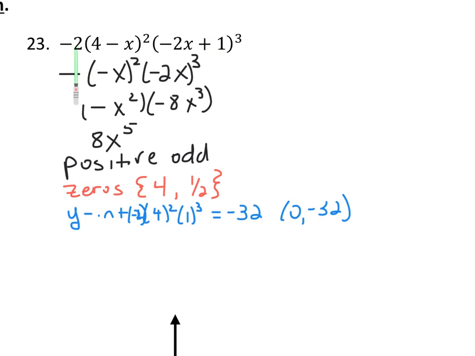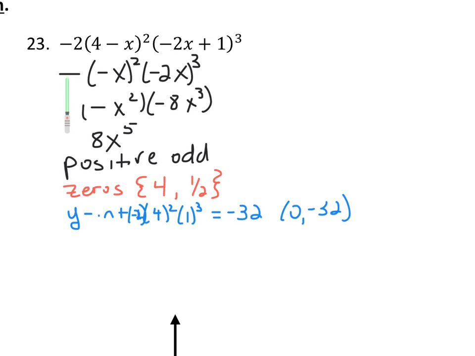I went ahead and showed you mathematically what happens. We have this negative in front of the 2, so I just kept the negative sign here. And I'm just multiplying the x's together. Now this is a negative x squared. So negative x squared is just going to be x squared. And then here I have a negative 2x to the third power. So I kept the negative 2 and it raised it to the third power. Now this negative right in here becomes positive because negative x squared is going to be a positive x.